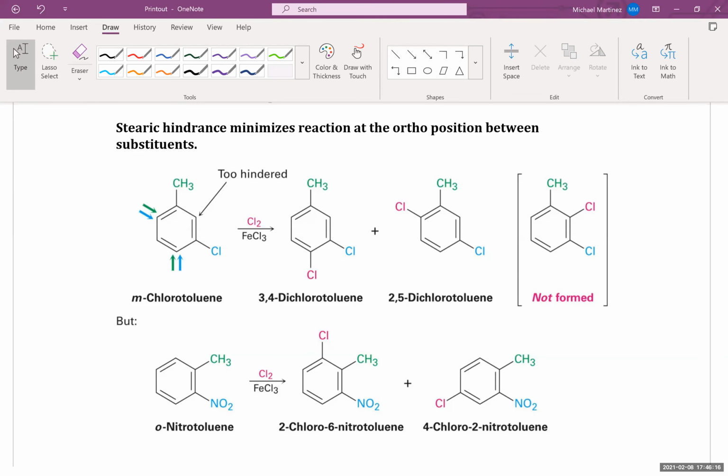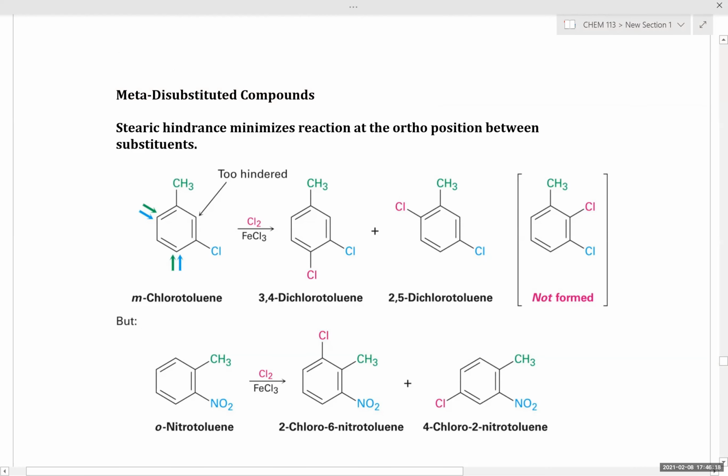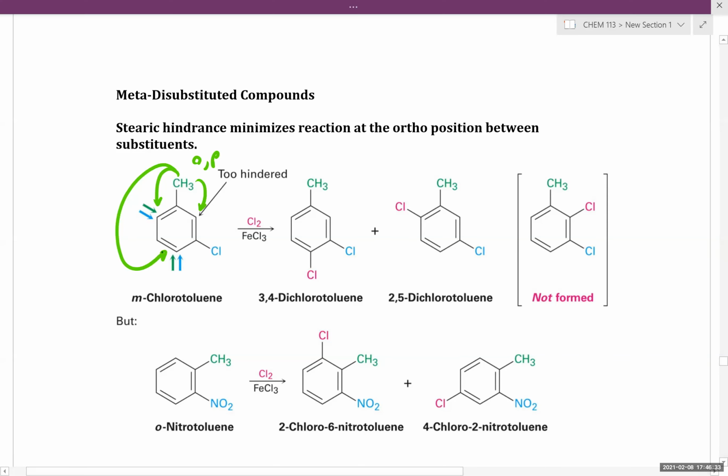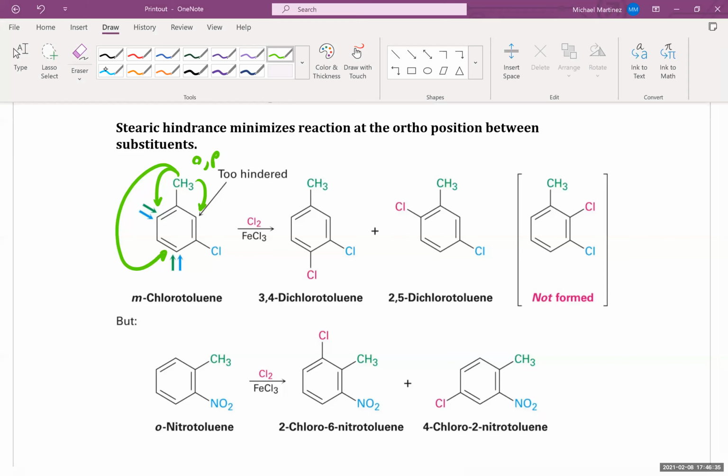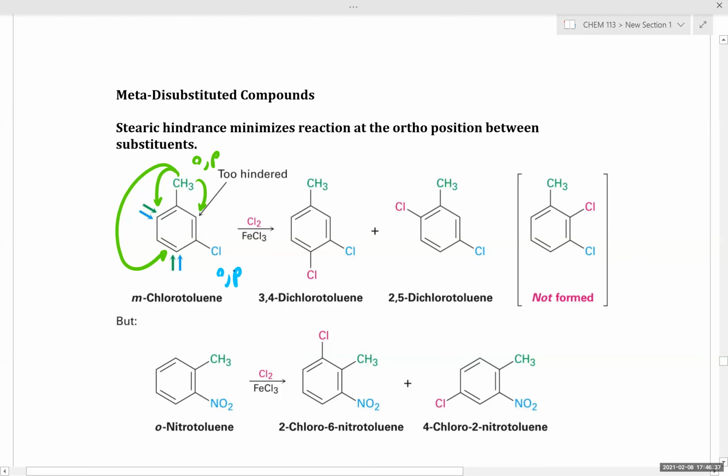A central theme of these meta-disubstituted compounds is this idea of hindrance and sterics serving as another factor. This methyl group is an ortho-para director. It directs to the ortho positions and the para position. The chlorine, interestingly enough, is an ortho-para director, and it's deactivating, and it directs to the ortho and para positions.